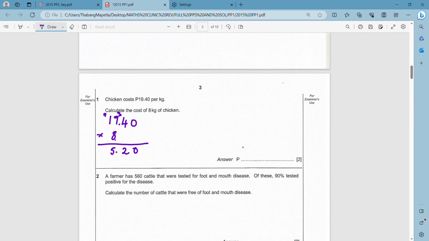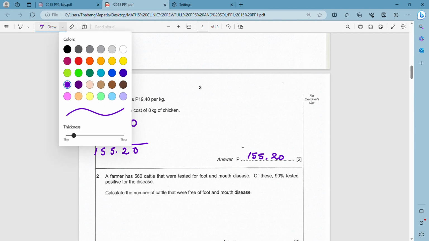You carry 7. 8 times 1 is 8, 8 plus 7 is 15. So then our answer is going to be 155 pula 20 thebe. So that is going to be our money.